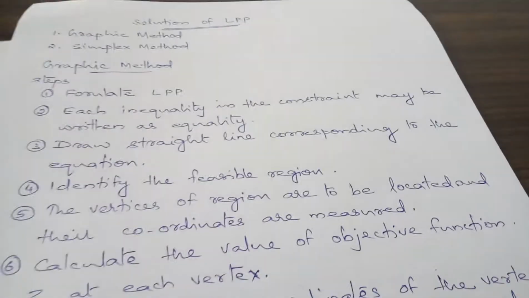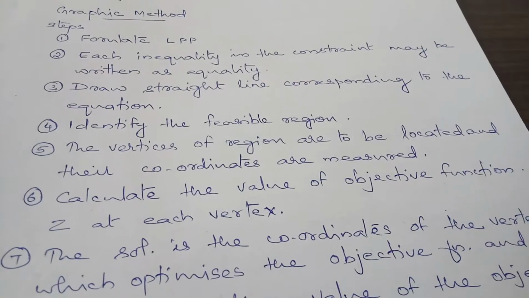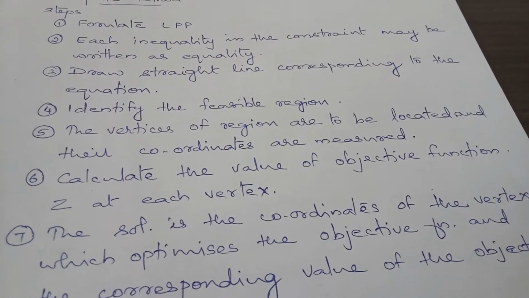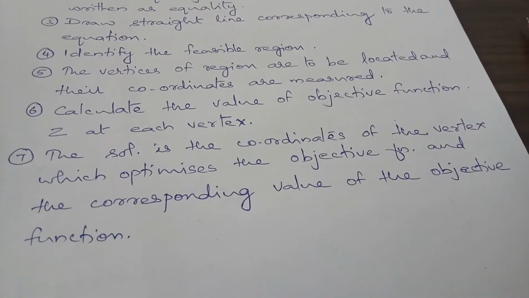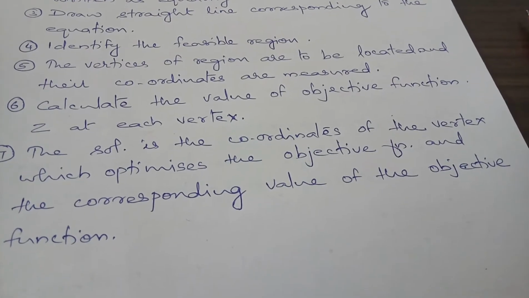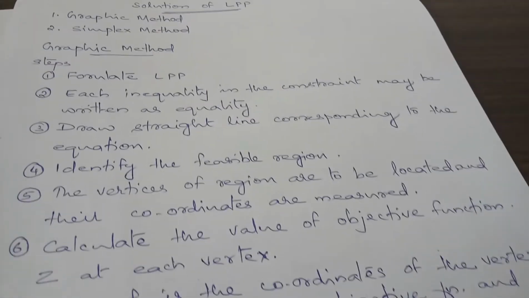Draw the straight line corresponding to the equation. Identify the feasible region. Vertices of the region are to be located and their coordinates are measured. Calculate the value of objective function Z at each vertex. The solution is the coordinates of the vertex which optimizes the objective function and the corresponding value of the objective function. So these are the steps.